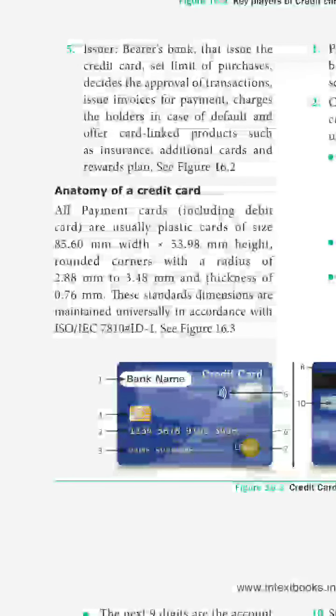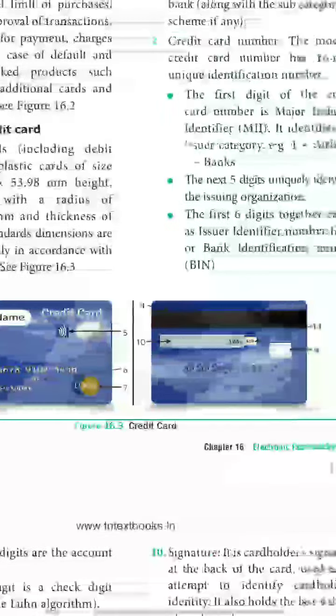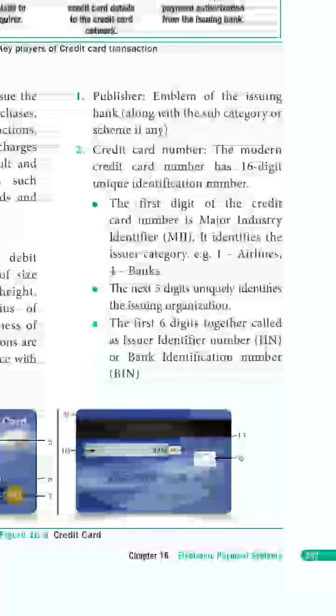These standard dimensions are maintained universally in accordance with the ISO certification. Okay, so this is explained in figure 16.3. Okay, so first is the publisher. Okay, the emblem or the logo of the publishing bank will be there in the credit card. Next is the credit card number.